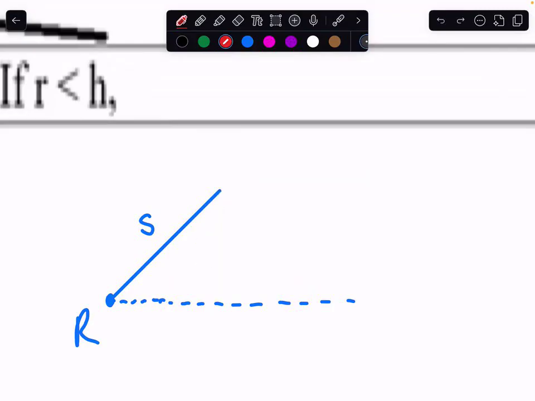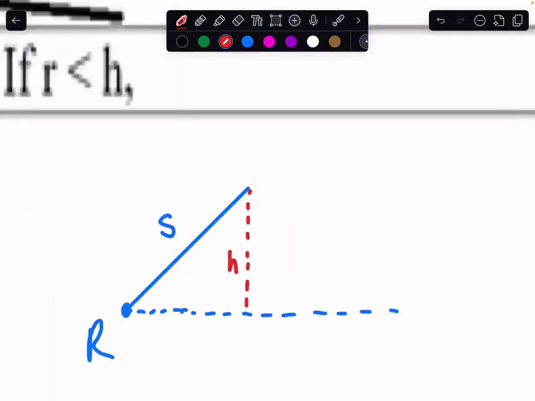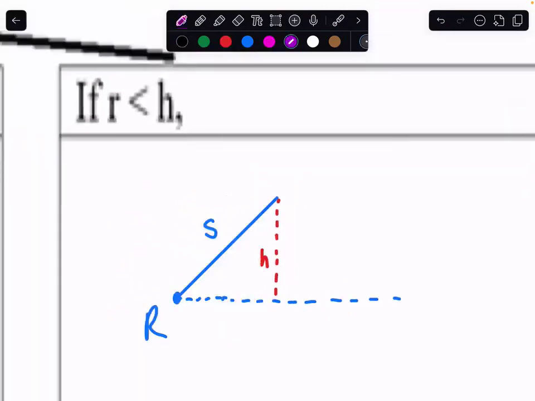Let me dash the height actually. I want to see what happens if the opposite side is shorter than the height. So this is the height, and let me do something clearly shorter than it. Here the opposite side would be shorter than the height.